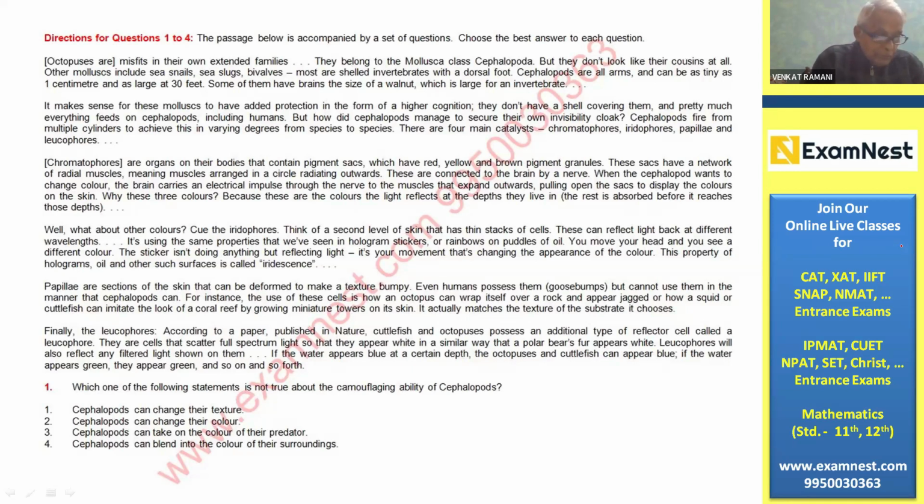He points that out. I'll tell you in general what the passage is about. For instance, he talks about octopuses, and he says that they can change their texture, they can change their color. Octopuses can blend their color into the color of the environment or the surroundings in which they are.